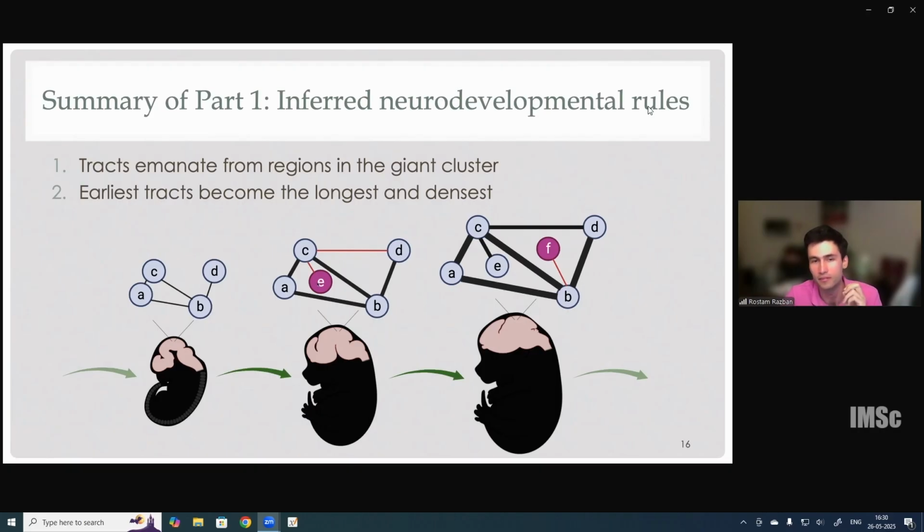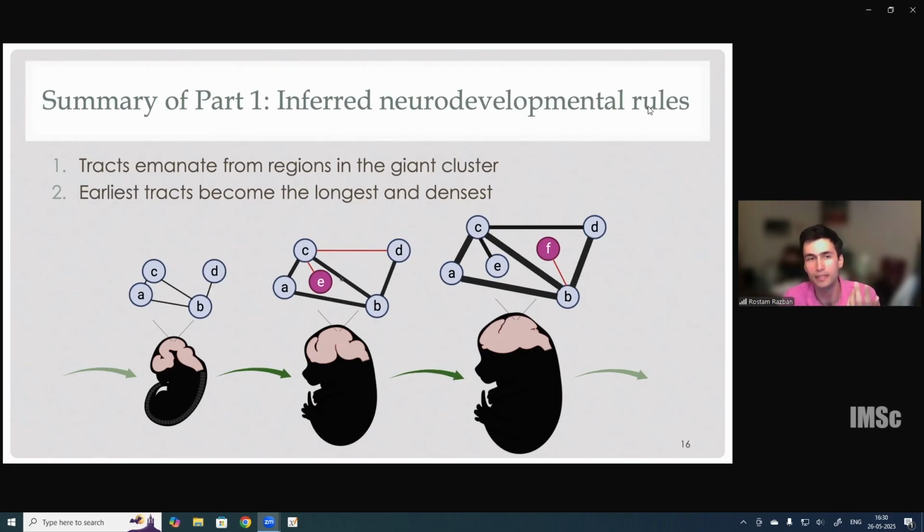E cannot be an island by itself or form a new island with E and F, because then A wouldn't be able to arbitrarily send a signal and reach E because there's no edge linking them. So this first principle, that tracks have to emanate from regions in the giant cluster, is reflected by this growth rule.